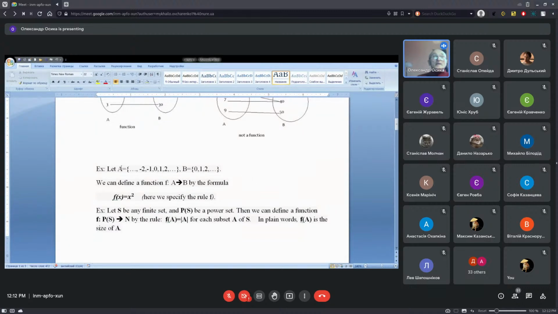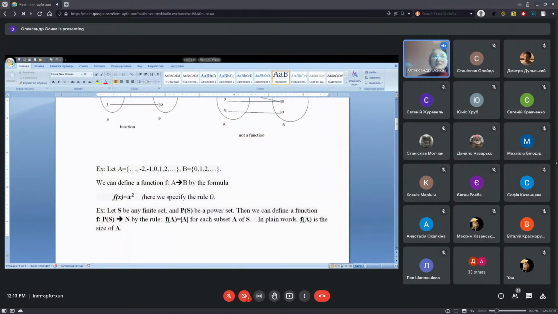Example, let A capital be a set of integer numbers, negative, minus infinity to 0, from 1 to plus infinity. And B is the set of just positive numbers, from 0 to infinity.